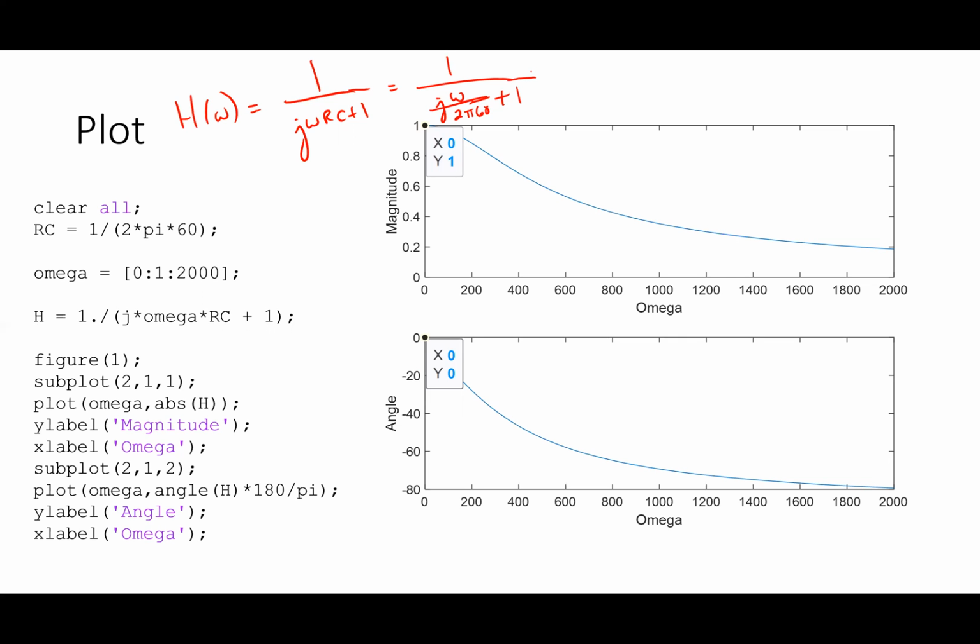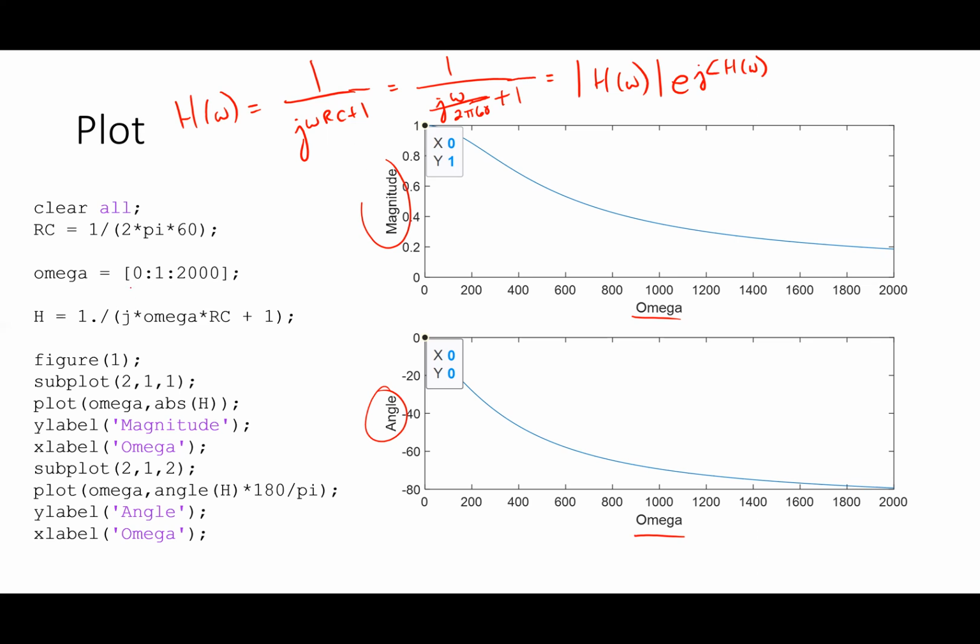So that's a complex function of frequency, meaning it has a magnitude and an angle. So I have to plot the magnitude versus frequency, which is what I've got here, and the angle versus frequency. And I've got some code to do that.